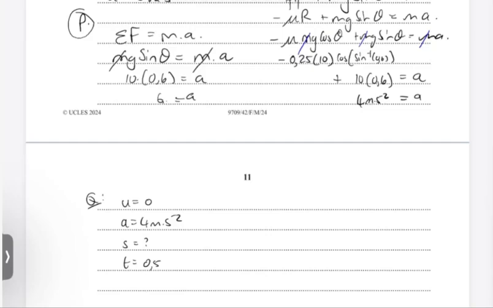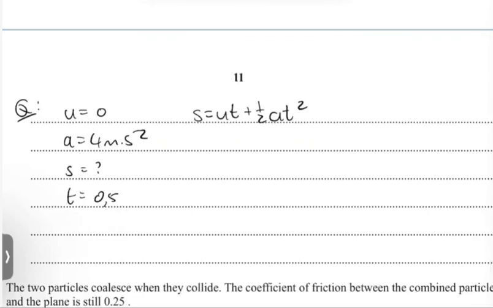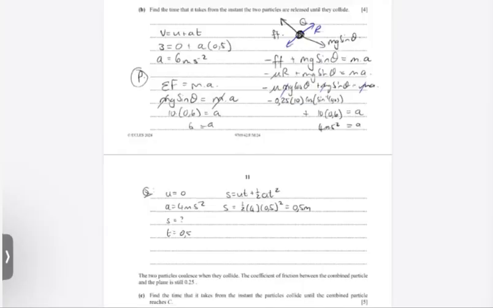Okay, so my s is equal to ut plus half at squared. That gives me a distance of 0.5 times 4 times 0.5 squared. That gives me a distance of 0.5 meters.